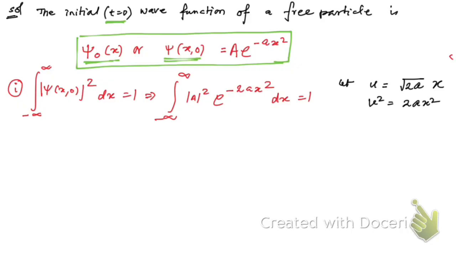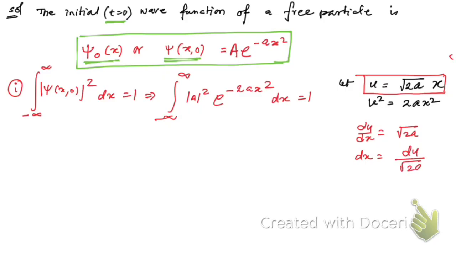And if you differentiate this with respect to x, then what you're going to have, du dx, that's going to be root over twice a. So that's why dx will be replaced by du by root over twice a, right? So that's why this result can be written this way. That's why you can write this minus infinity to plus infinity, mod of a square is taken outside.